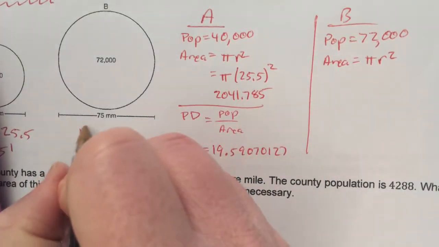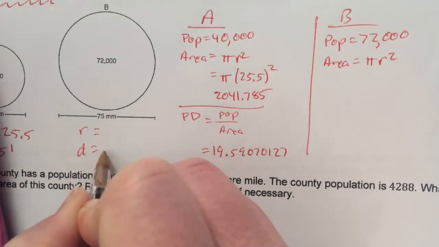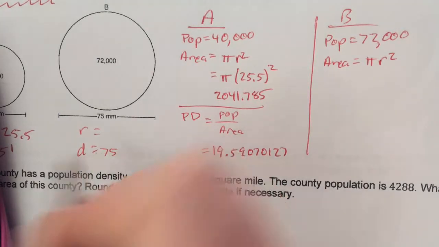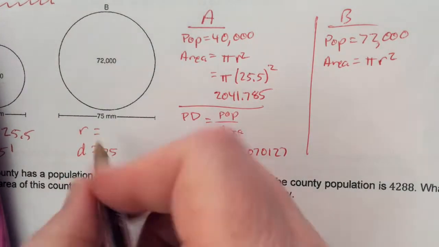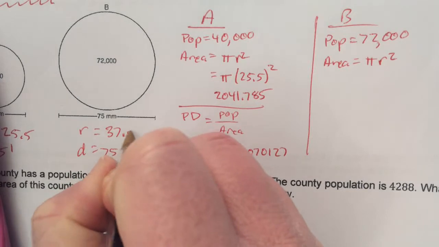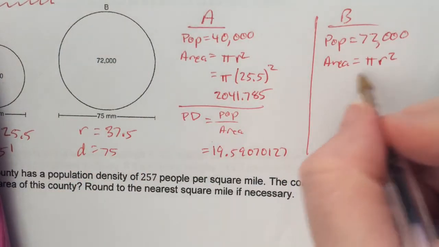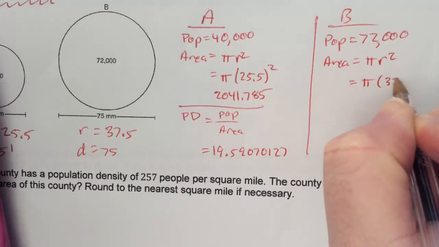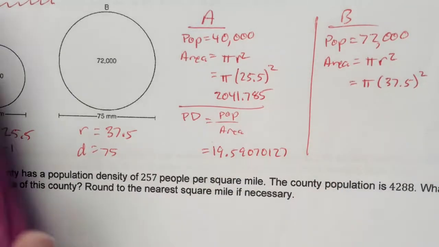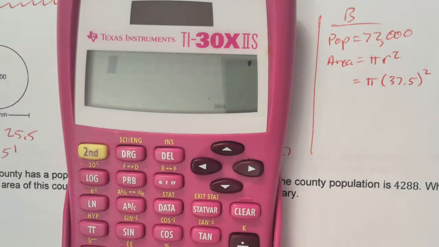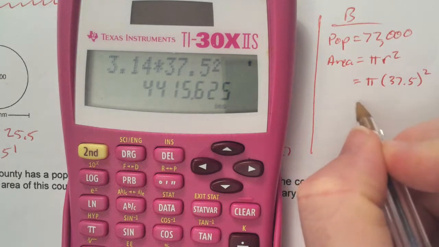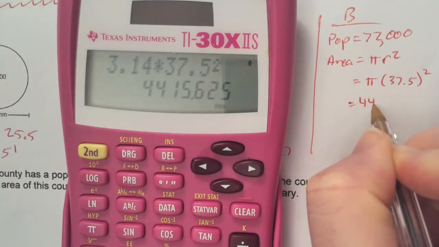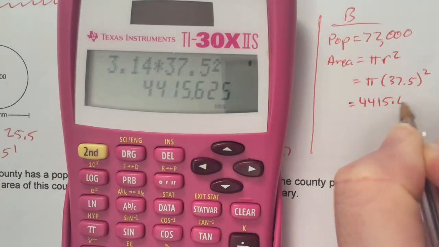We know that the diameter is 75, so the radius, 75 divided by 2, is 37.5. So we plug that in: pi times 37.5 squared. Let's put that in our calculator: 3.14 times 37.5 squared. We get this big long decimal, 4415.625.